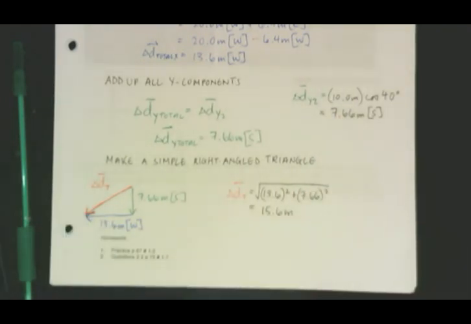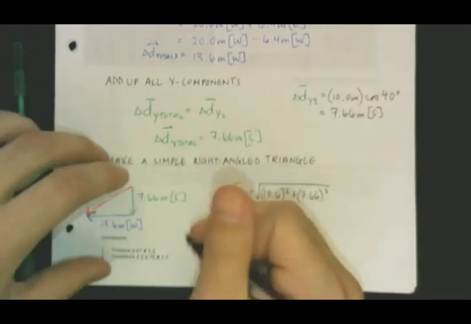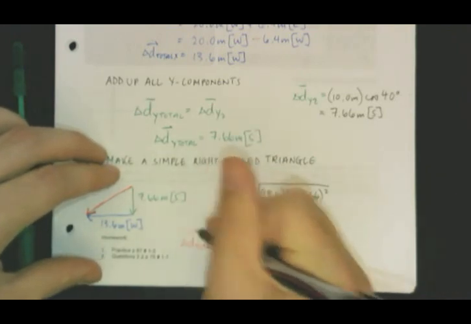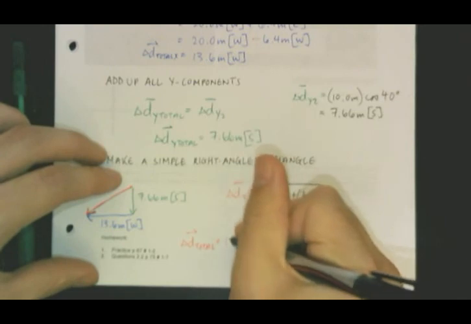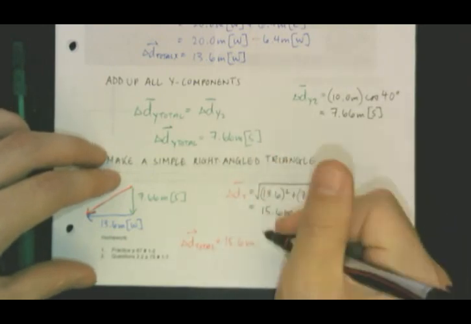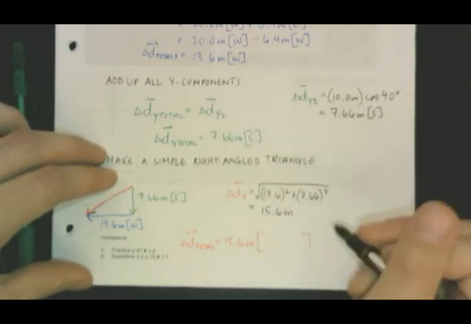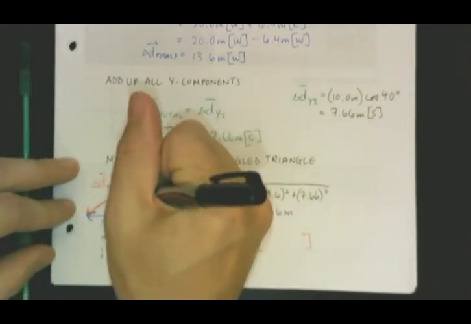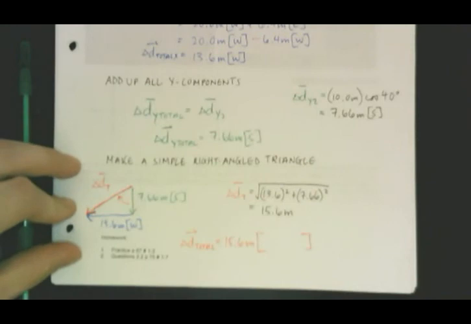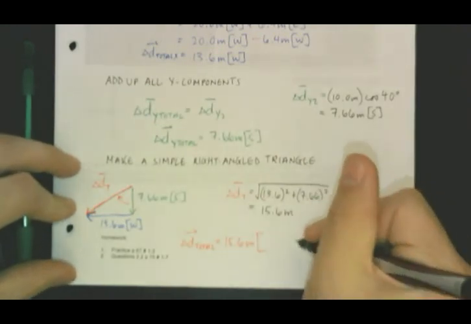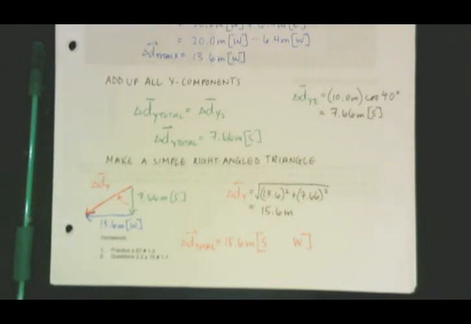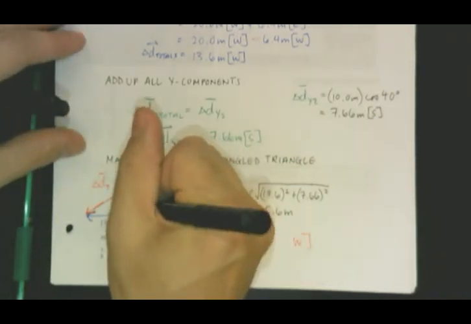So we're almost done. The one piece of information that remains is the direction. I know that it's pointing some angle to the west of south. But I need to determine what that angle is.